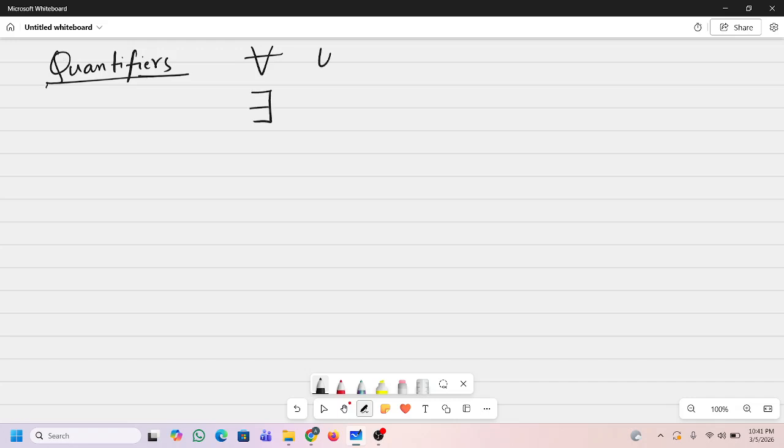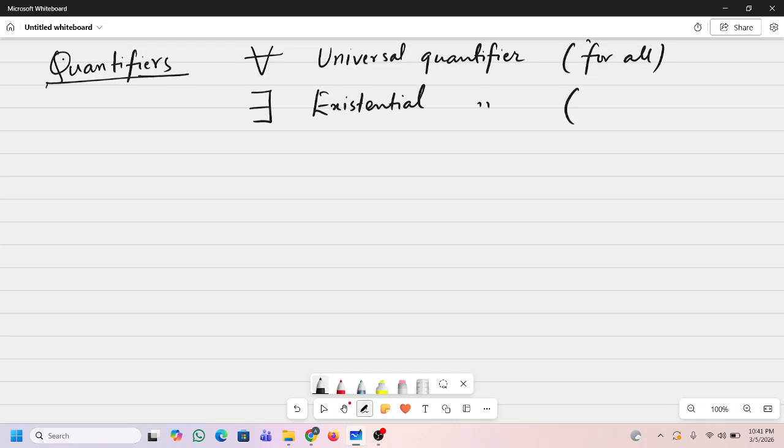This is known as the universal quantifier, and I hope you have studied in mathematics, this is for all. And this is the existential quantifier, and this says there exists.